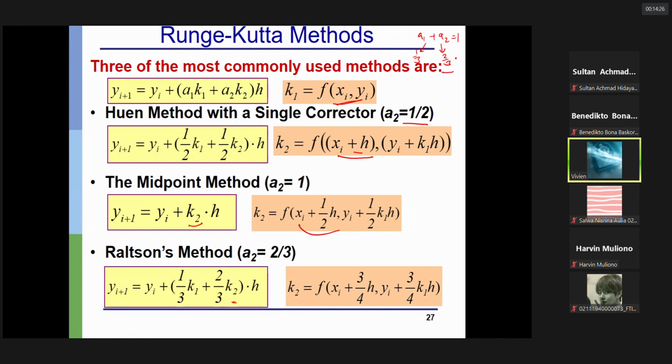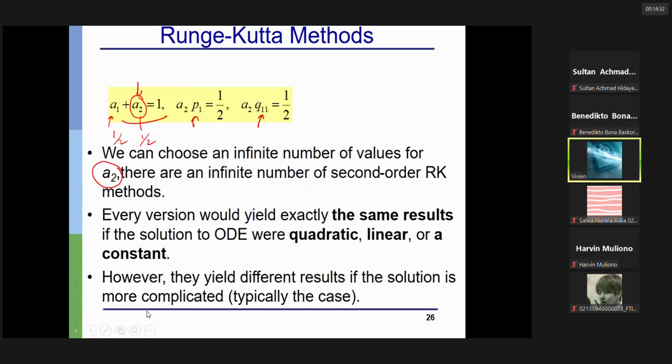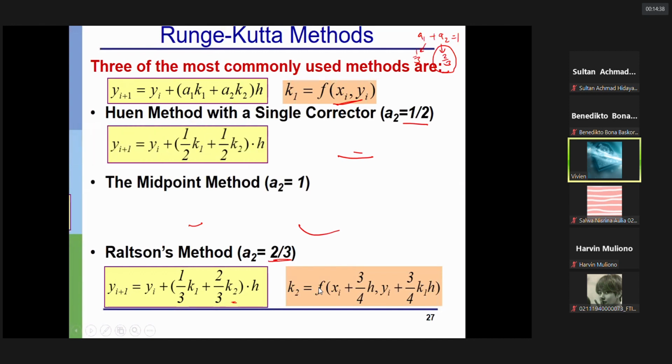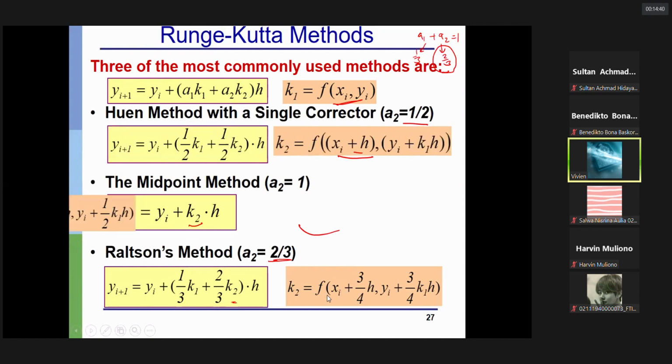Because we have the a2 value, which is 2/3, we can insert it in this correlation to find p1 and q11. Based on that, k2 is the slope calculated at xi plus 3/4 h. So if the midpoint is calculated at xi plus half, the Ralston method is calculated at position xi plus 3/4.